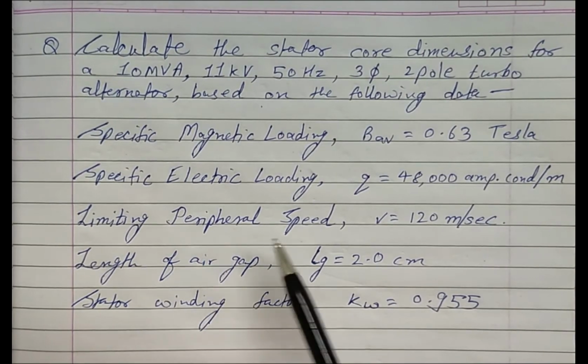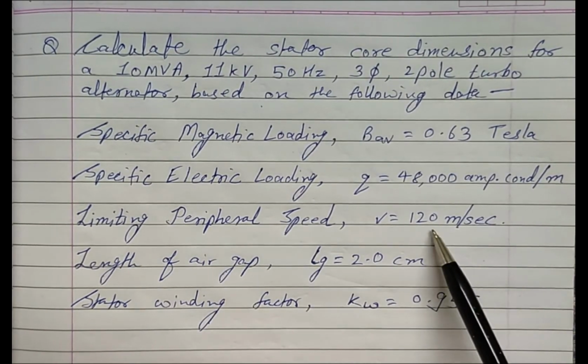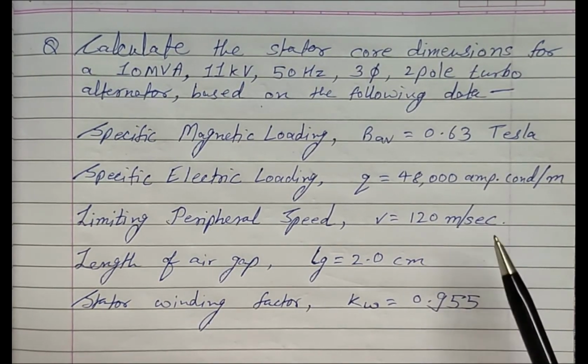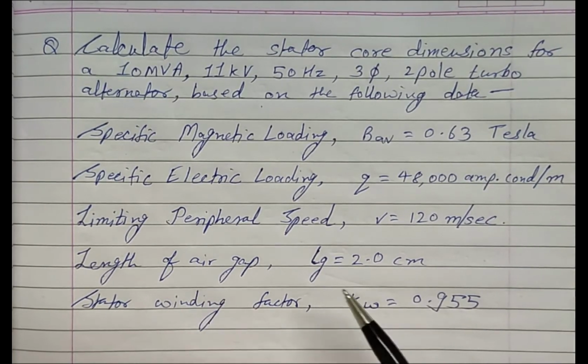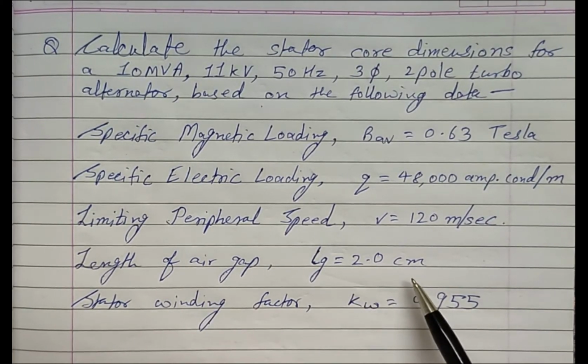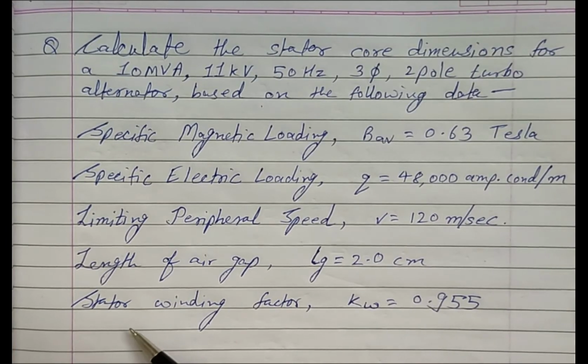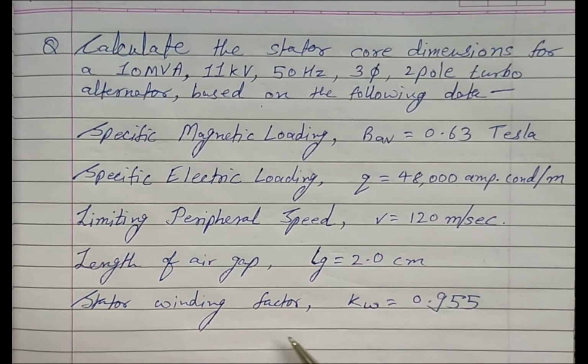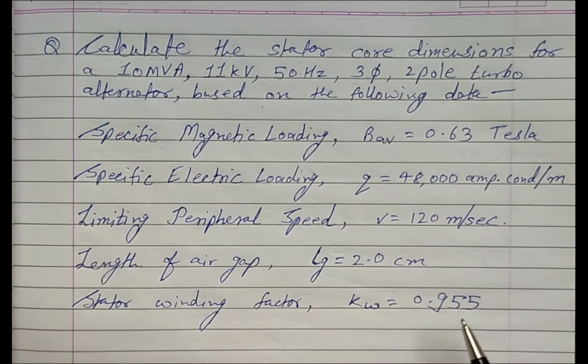The limiting peripheral speed is 120 meters per second, the length of the air gap Lg is given as 2 centimeters, and the final data is stator winding factor, that is Kw, which is given as 0.955.